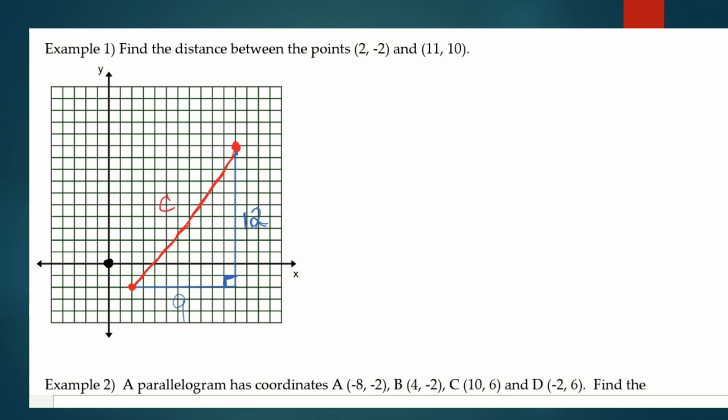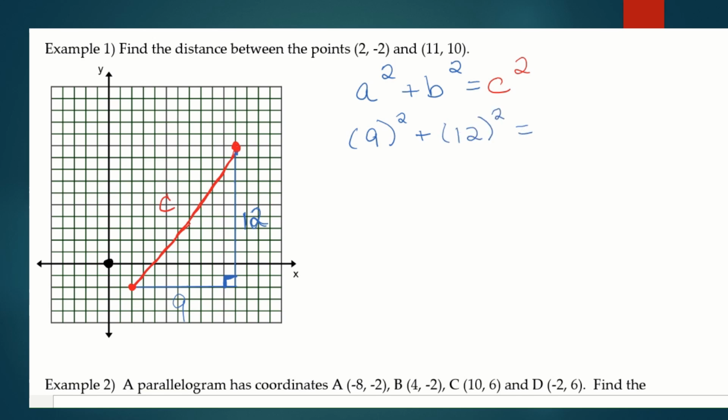So going to the Pythagorean theorem, just a reminder of what it is: a squared plus b squared equals c squared, where a and b represent the legs and c represents the hypotenuse. So plugging in my values here, and you can put 12 first if you wanted to and 9 second.